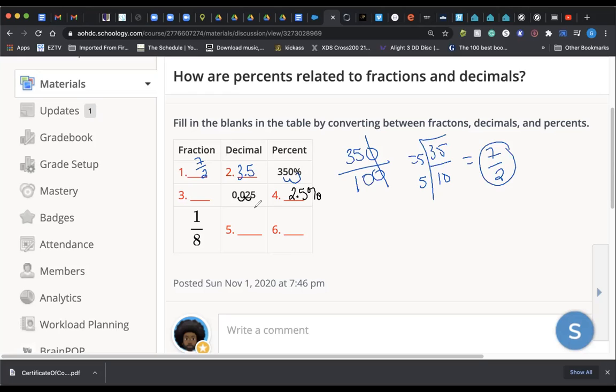Right. How do I turn that decimal into a fraction? Would it be divided by 1,000? Very good. You're going to use the place of the last number in the decimal. In this case, this 5 is in the thousands place.